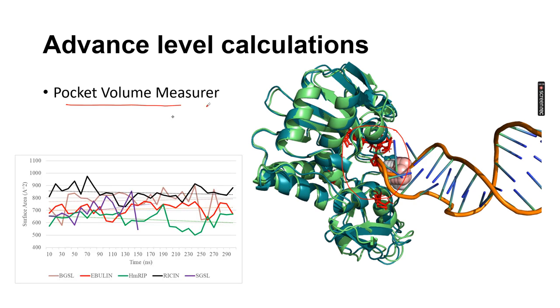You can see there are some different sets of proteins. The black one has more or less a straight line, and the green one has a decreasing trend. The pocket volume is reducing with time. You can see some protein, this one in light brown color, where the pocket volume is increasing with time, following a trend this way.